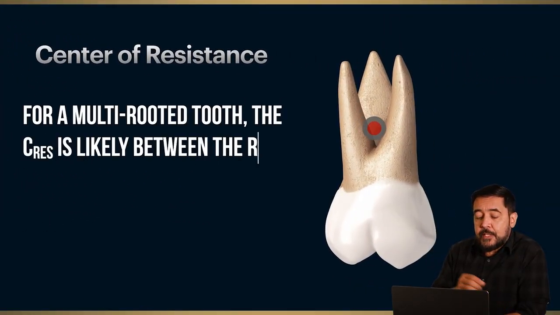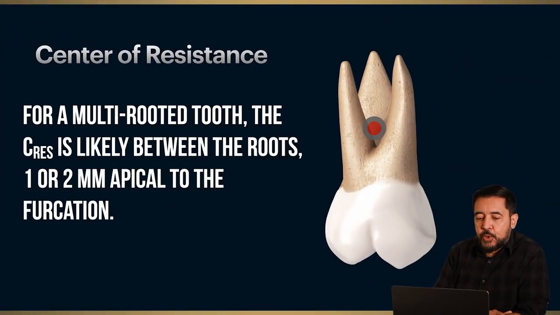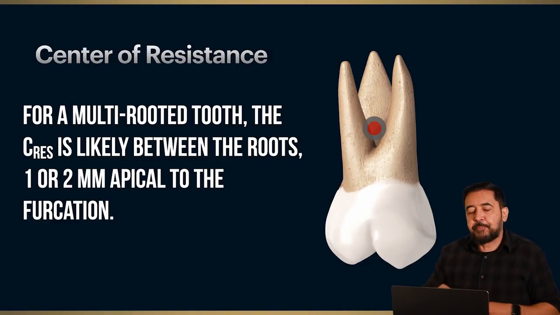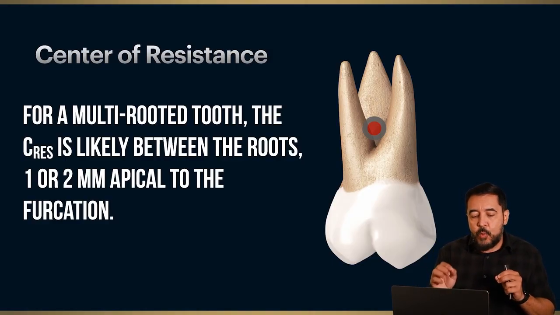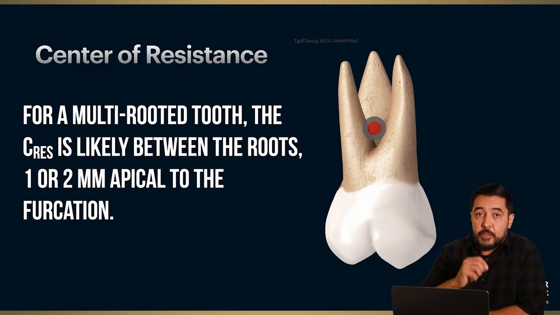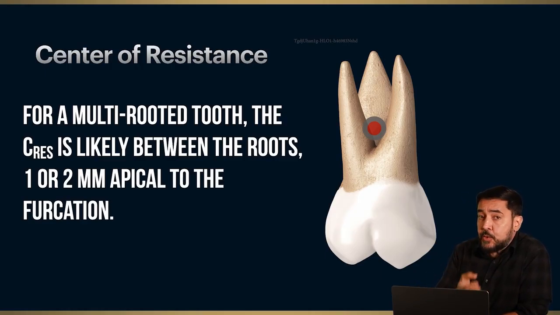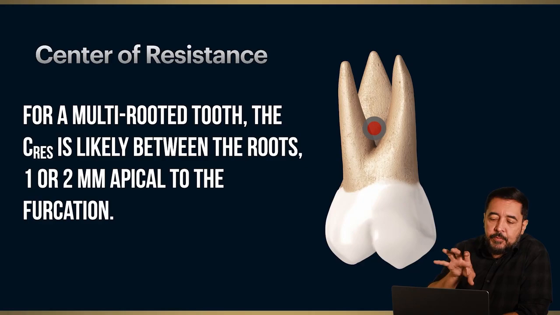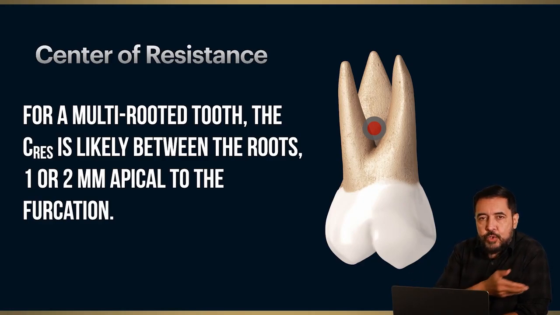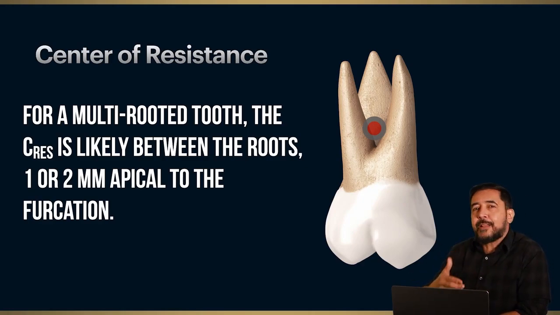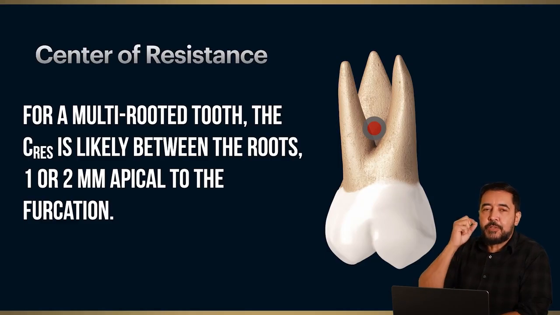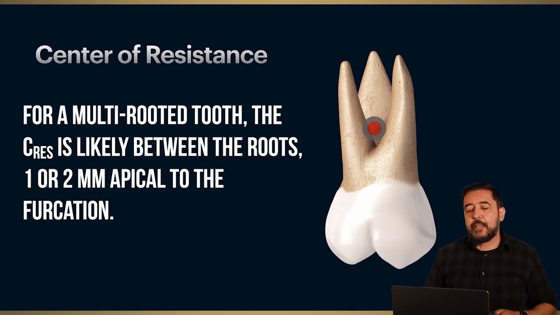The center of resistance, for example, for a multi-rooted tooth, is likely to be between the roots, 1 or 2 millimeters apical to the furcation, okay? This is another thing that is related to a healthy periodontal tooth. And in this case, if we apply a force close to the center of resistance, we used that a lot in the past, using, for example, an extraoral headgear, an extraoral force.